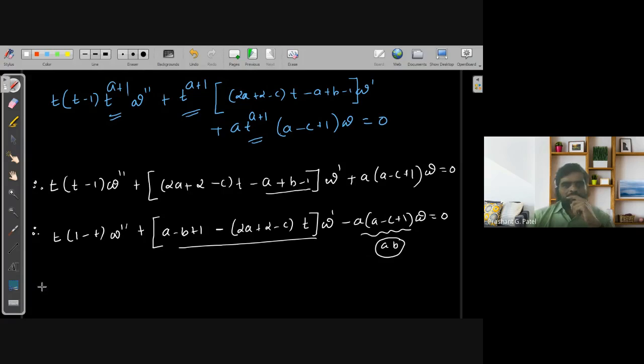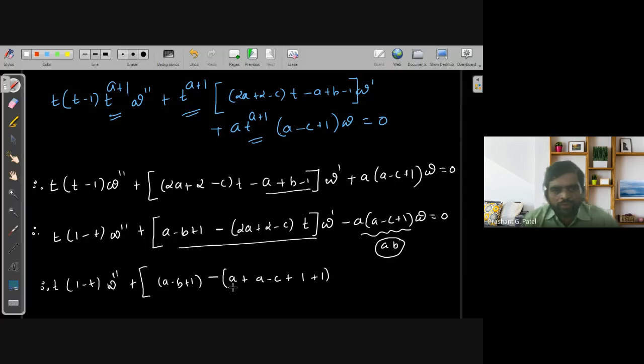So we can write this as t into 1 minus t w double dash plus this quantity as it is, that is c minus a plus b plus 1 as it is. Now instead of b we have a minus c plus 1. So according to that we will have a plus a minus c plus 1 plus 1.